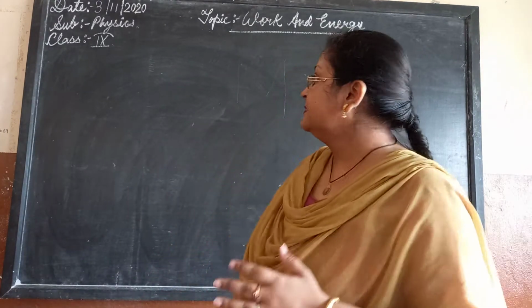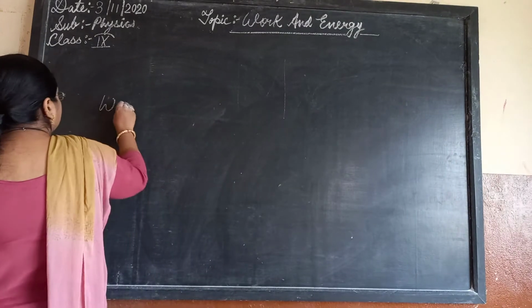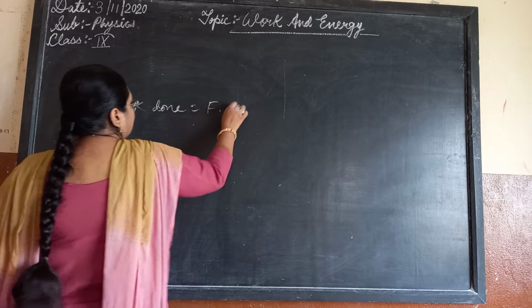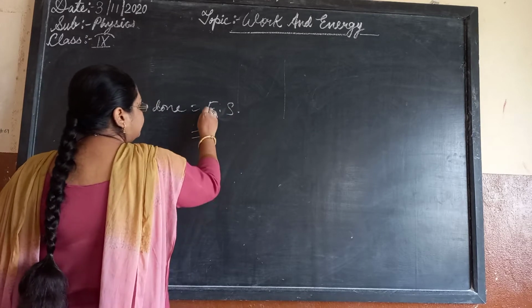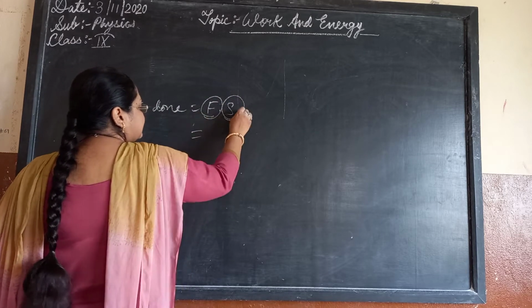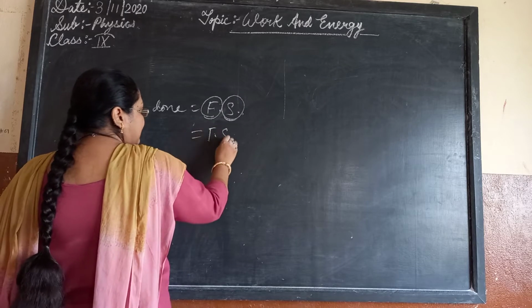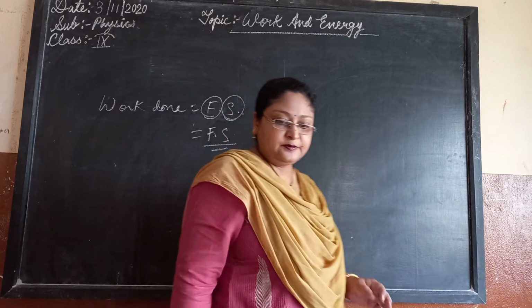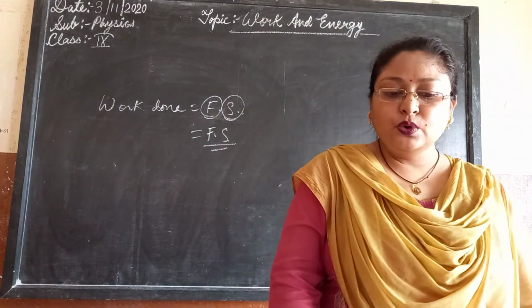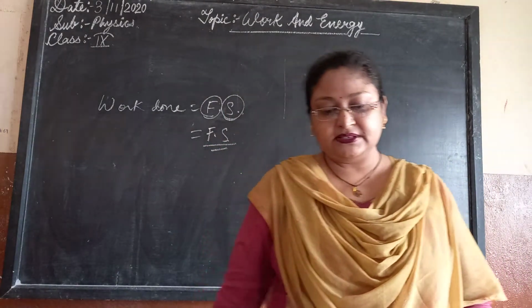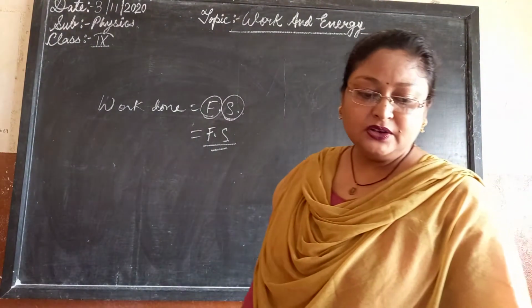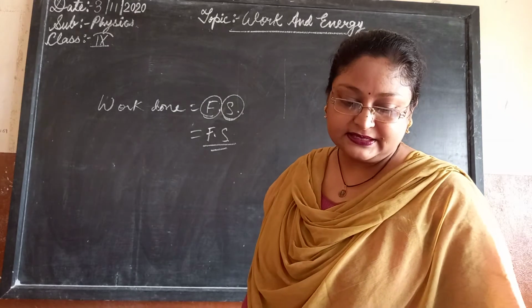So work done is defined by F dot S, where F is the force itself and S is the displacement. That is what we call work done by a constant force.